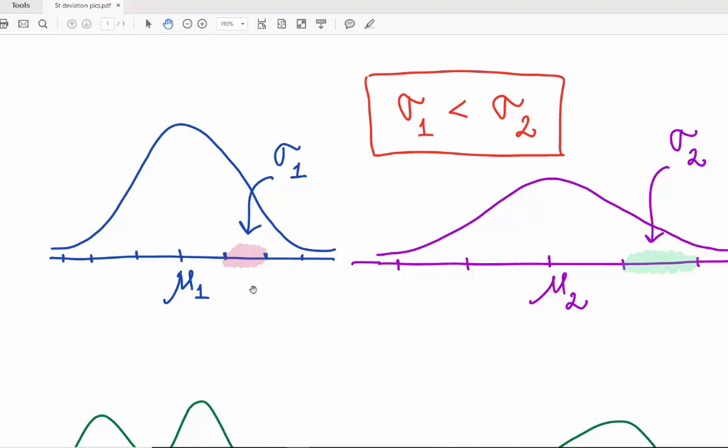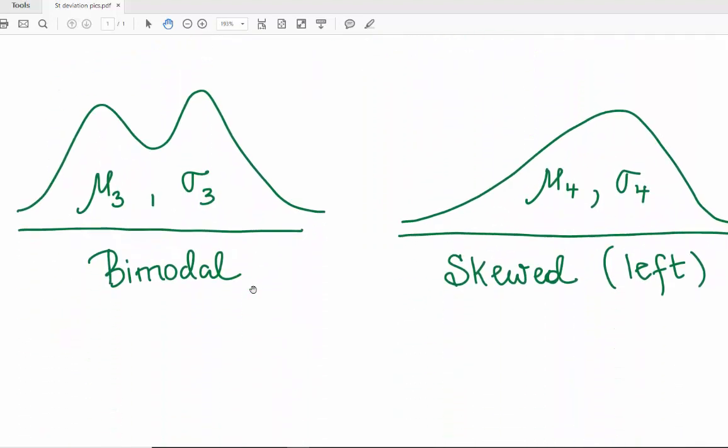So you can see now what the actual representation of standard deviation is. It is the average distance of how the values in the set differ from the mean, okay? And then, of course, we can compute it for any type of distribution. So here, I'll just give you a couple of examples. We can have a bimodal distribution where we have 2 spikes over here, right? So I have some mean, some standard deviation.